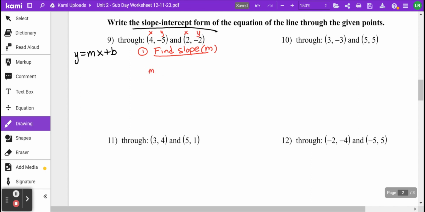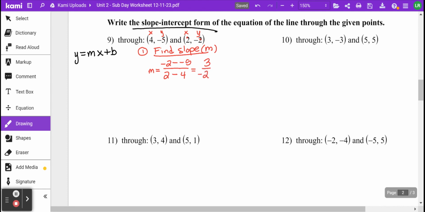So start with negative 2 minus negative 5. Subtracting my y's. Now, since I started with the negative 2, I have to start with the 2 on the bottom. So it'd be 2 minus 4. Using my calculator, negative 2 minus negative 5 is positive 3. 2 minus 4 is negative 2.